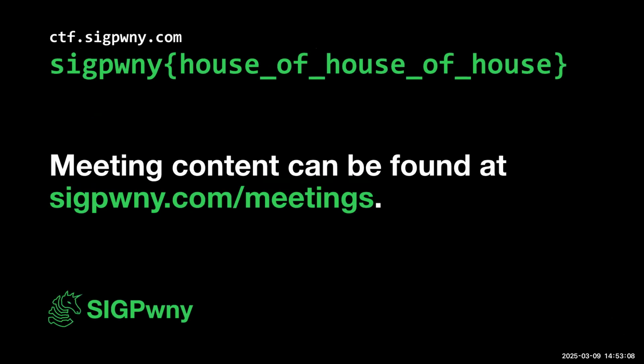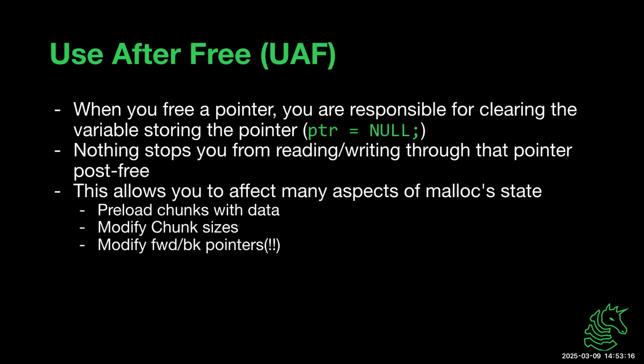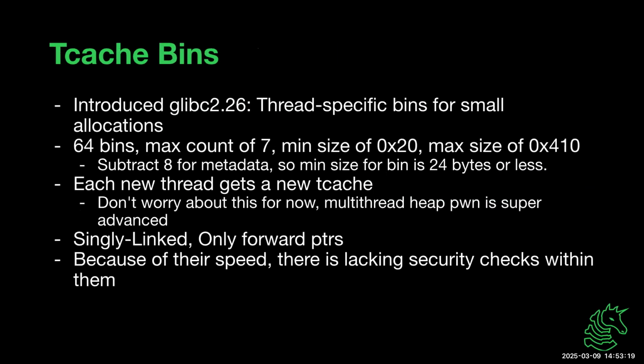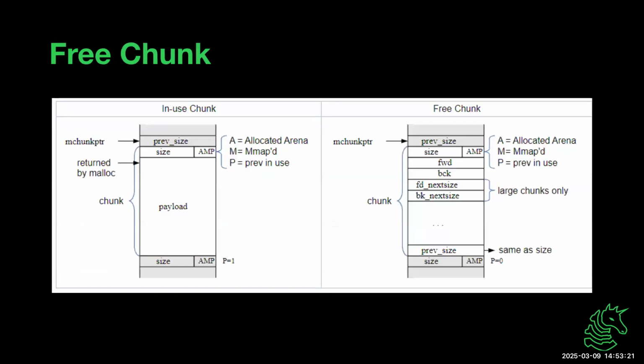This is like a boundary tag, but it's only in free chunks, right? Because the prev size technically belongs to the previous chunk, not the current chunk. But they don't put it in allocated chunks because they overlap it with the memory.